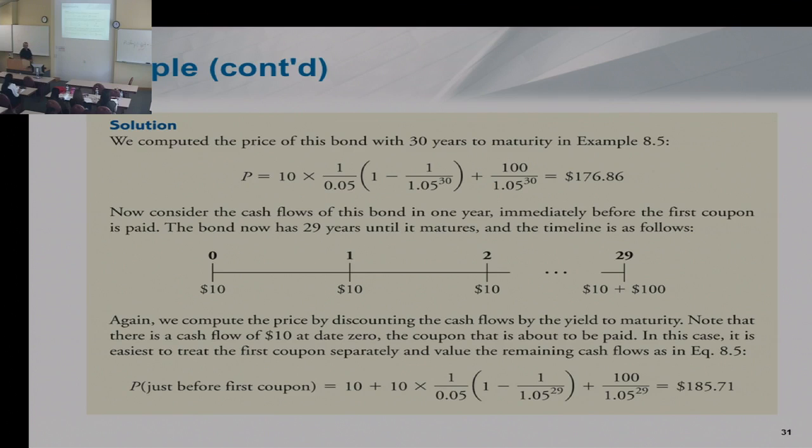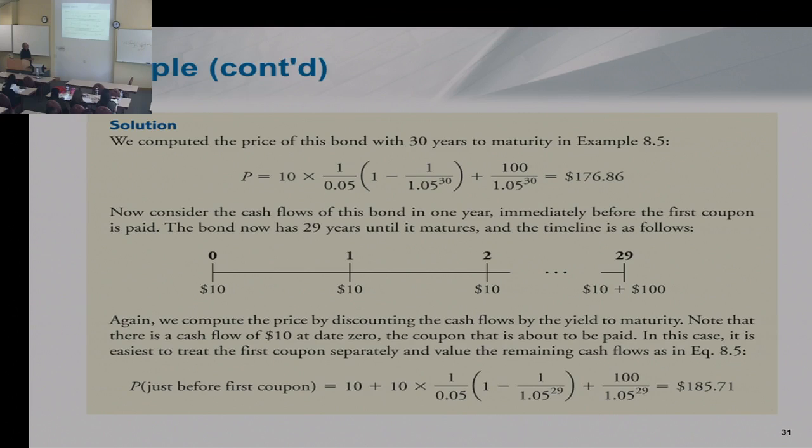A year from now, you're going to get $10 immediately. Then you're going to get $10 per period for 29 periods. And you're going to get that $100 face value in 29 periods' time. So the price just before the first coupon is $185.71.